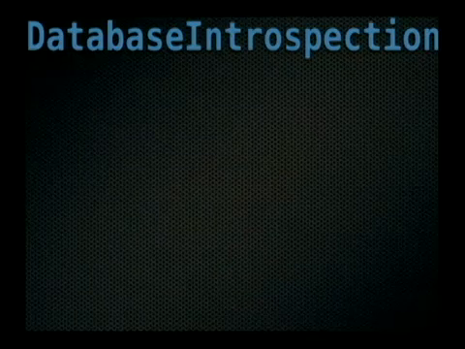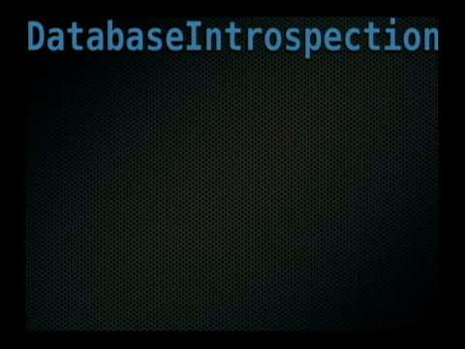There's also a database introspection class, which does the opposite. Has anybody here actually used the inspectdb feature in Django? Okay, a few people have. It's a really cool thing. Basically it's a command that you can run so that rather than writing your models and creating your database, you take your pre-existing database and run this command, and Django tries to spit out a list of models that correspond to that database structure.